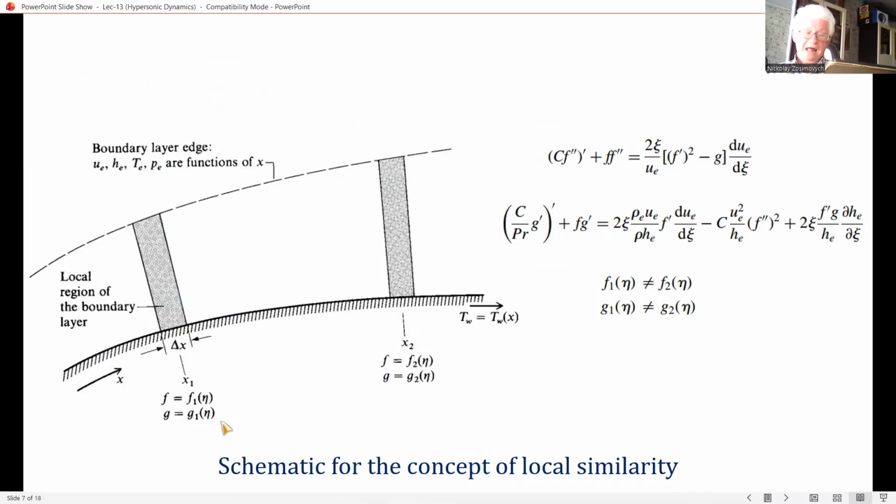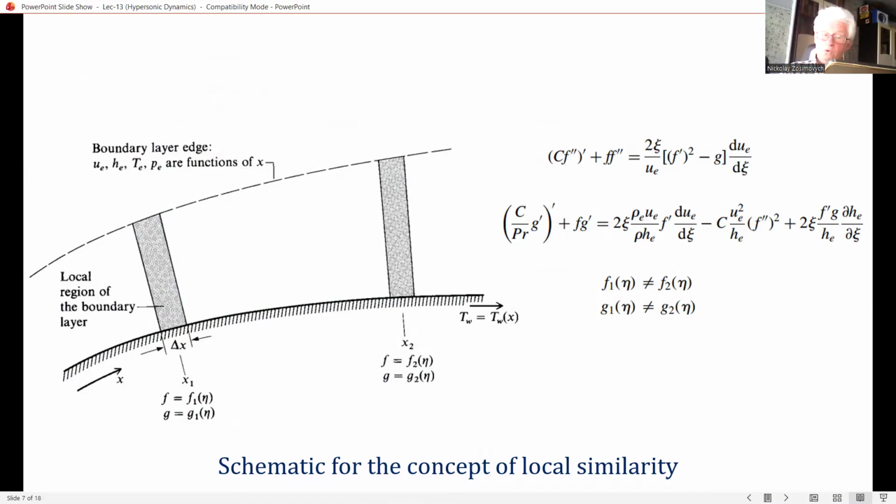And five, next, pick another slice of the boundary layer at another value, say x equals x2, and repeat the preceding process. This is shown schematically in this part of the slide, where two locations are denoted by x1 and x2.